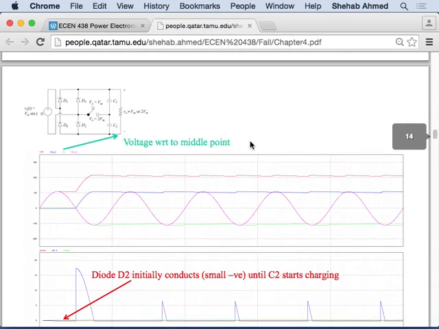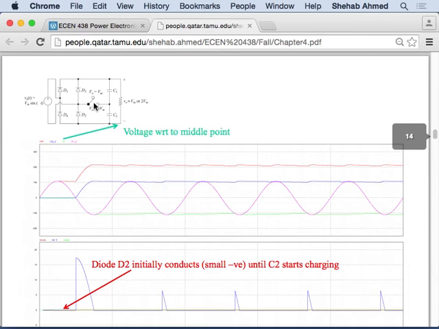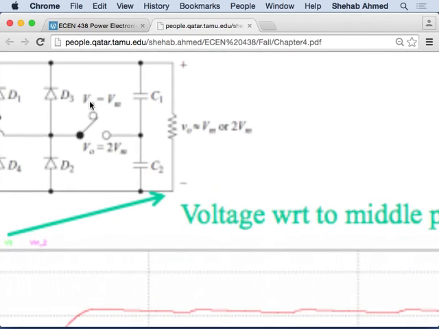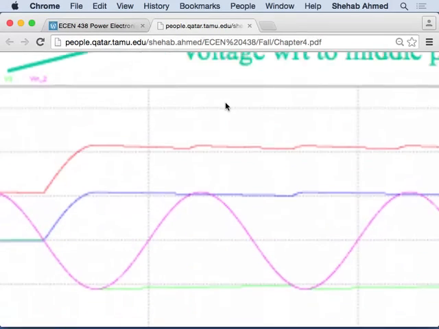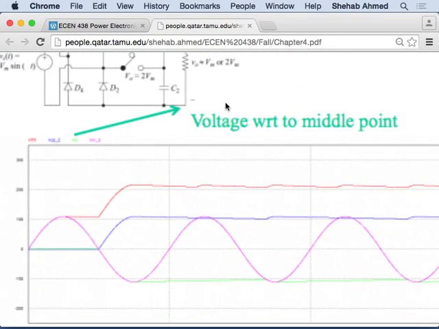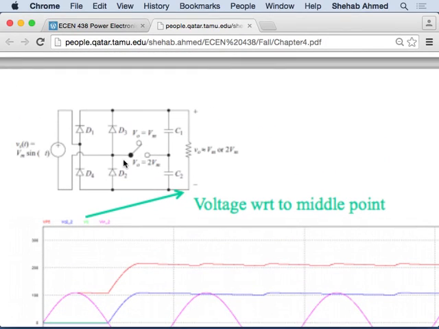This operates exactly the same way, except that if I open up the switch, it operates like a full wave rectifier.